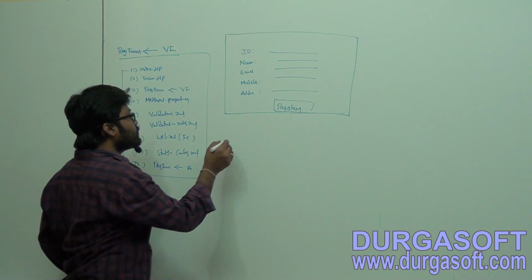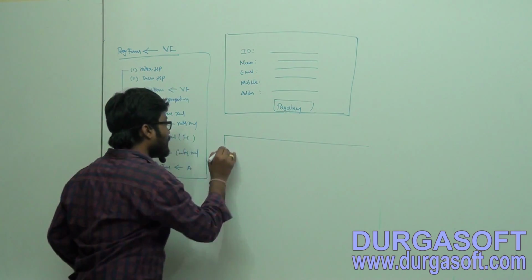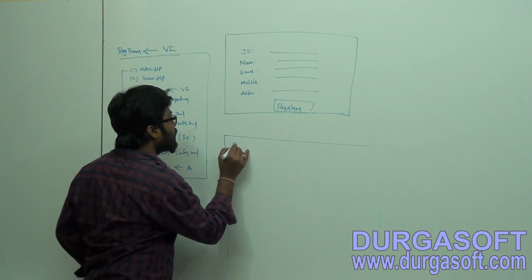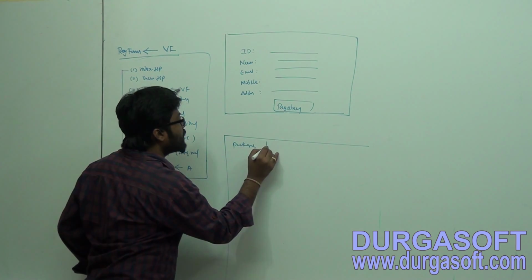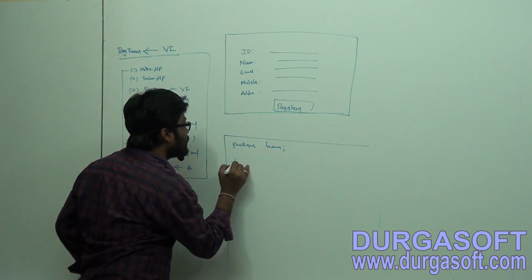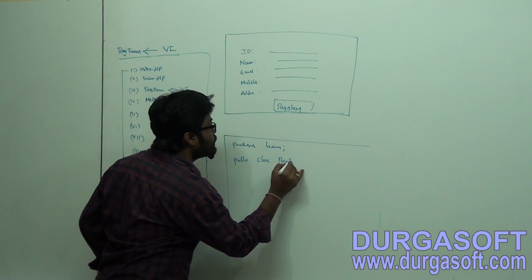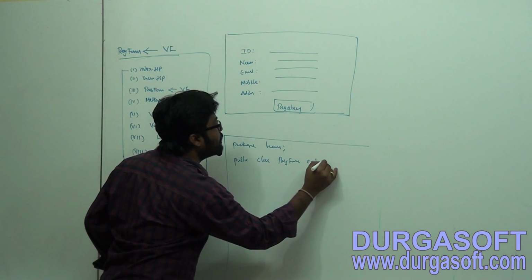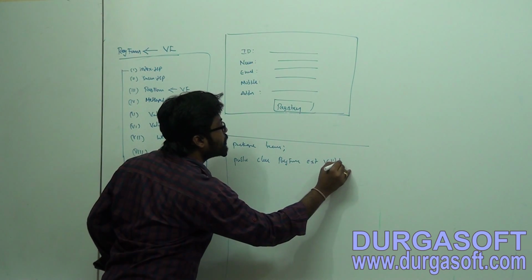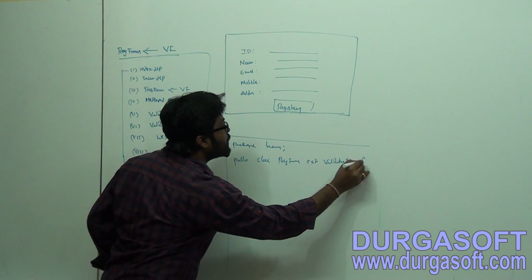Then for this form we have to create a bean class. We know how to write that bean class also. Create a package beans and write one class, public class RegistrationFormBean, extending it from ValidatorForm.